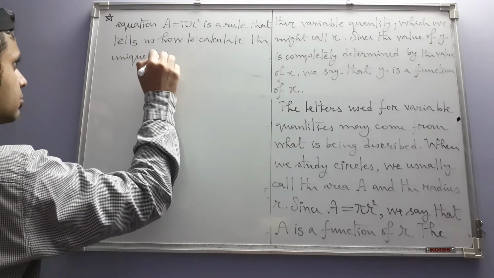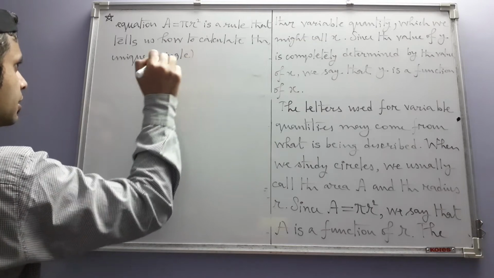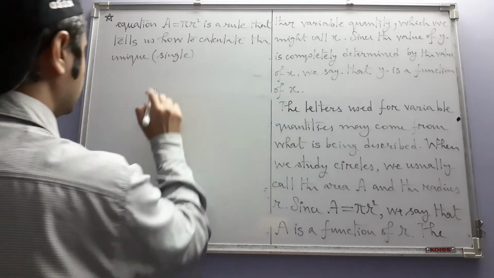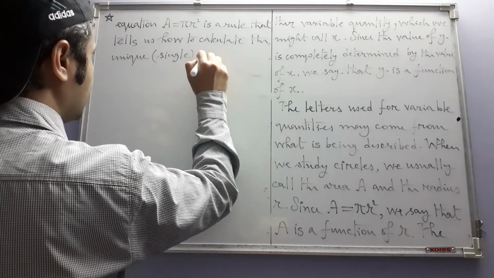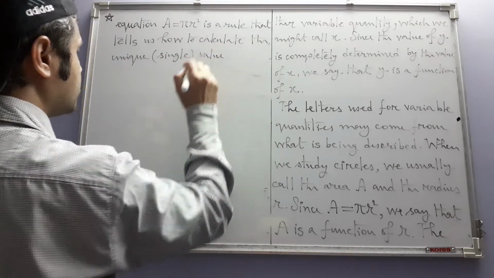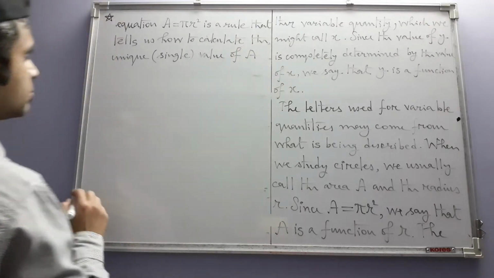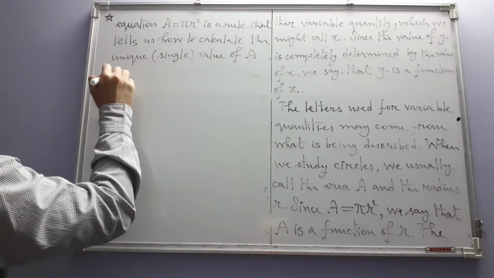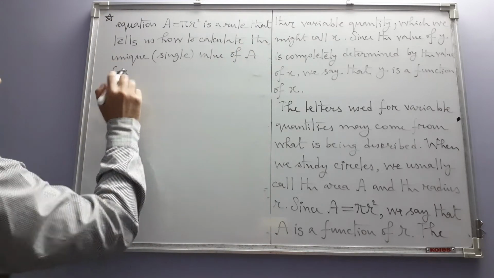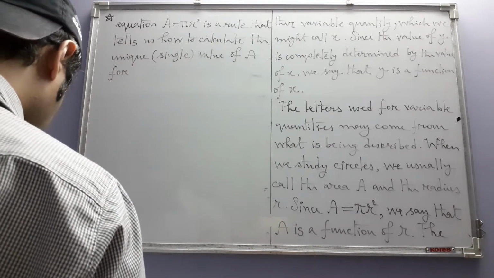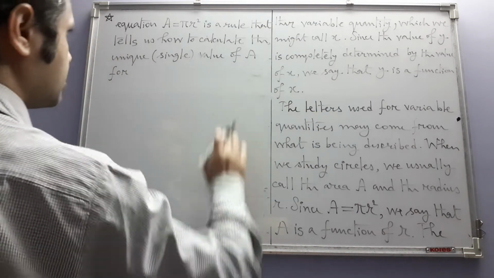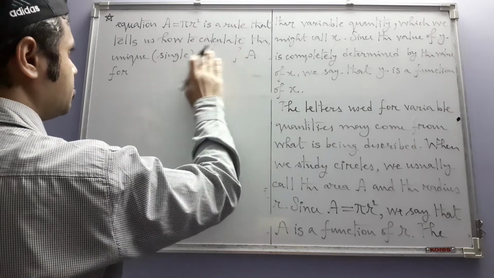Unique means single, one thing, a unique value. The unique value of a, or unique output value, are they saying output? Yes, the unique output value.